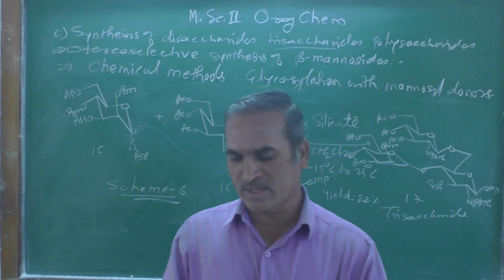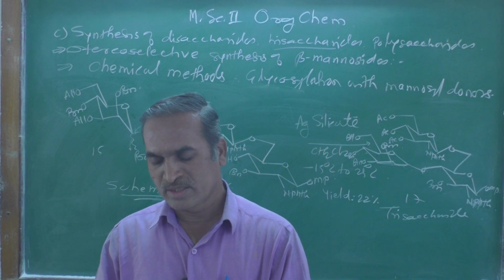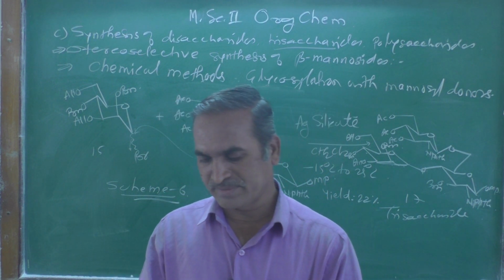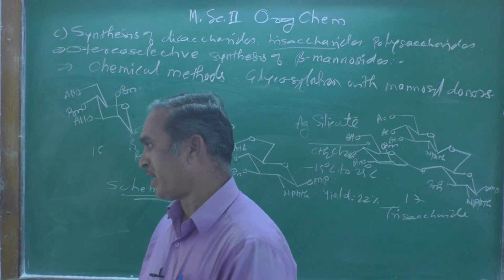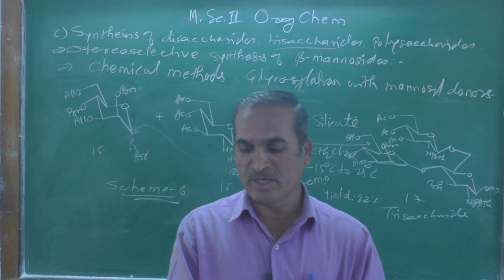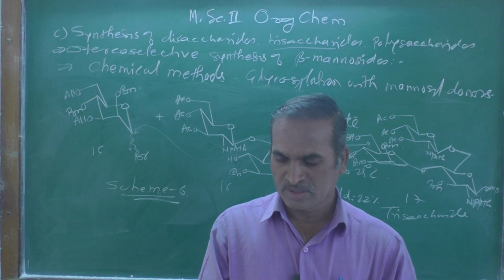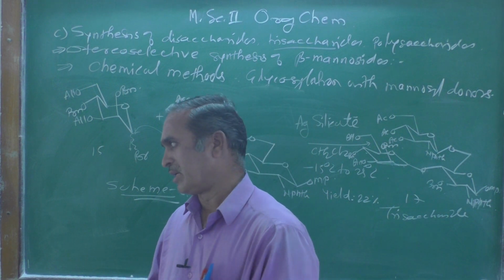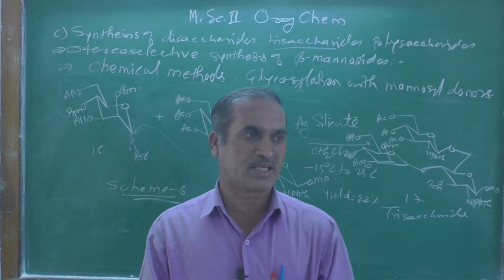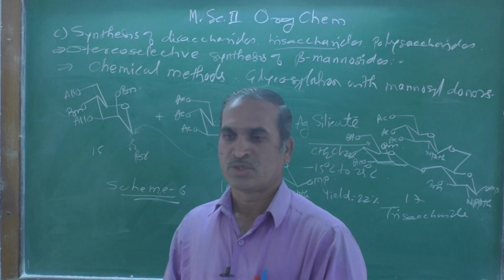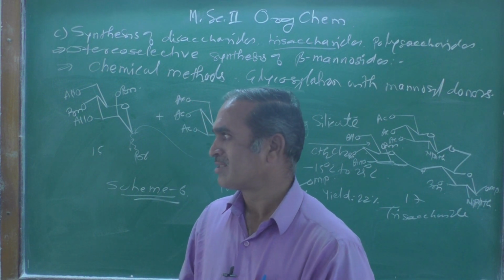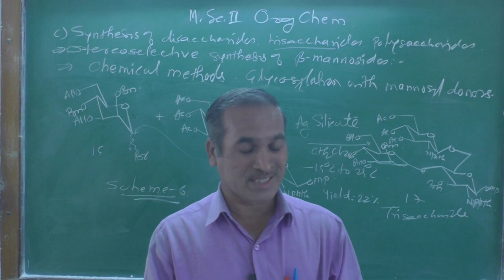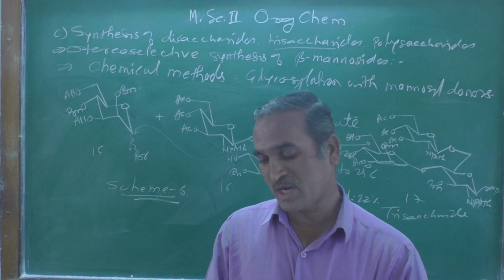Other activators including silver imidazole, silver salicylate and thallium zeolite have also been investigated. So these are the general reactions showing how different scientists have tried to increase the yield as well as the beta selectivity that we have seen.